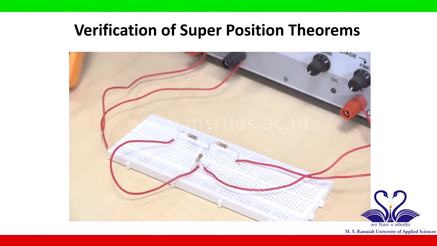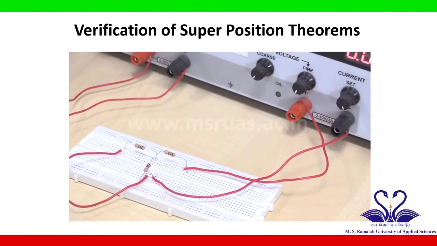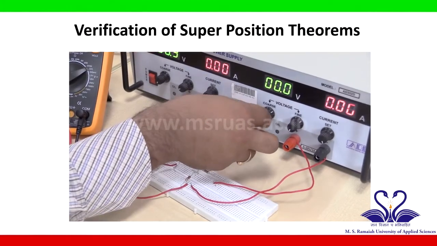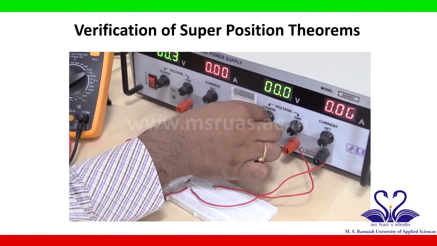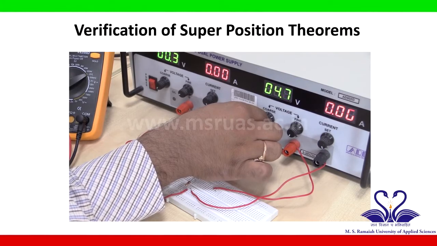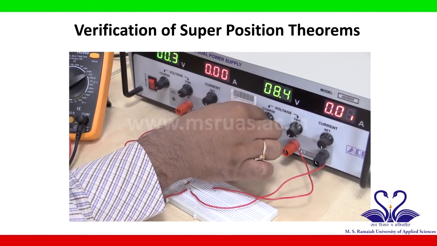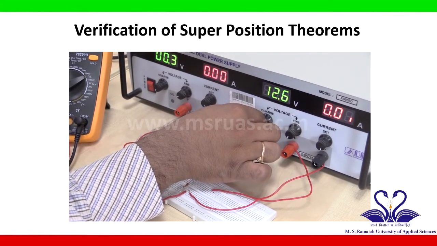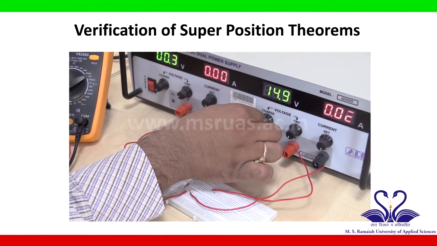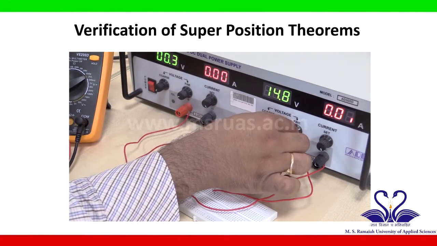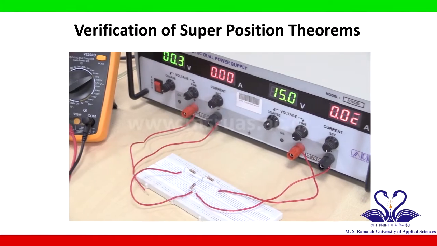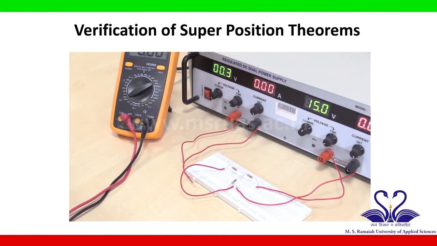The circuit is built as per the circuit diagram. Let us fix the channel 2 voltage to 15 volts. And now let us measure the current flowing through each resistor.